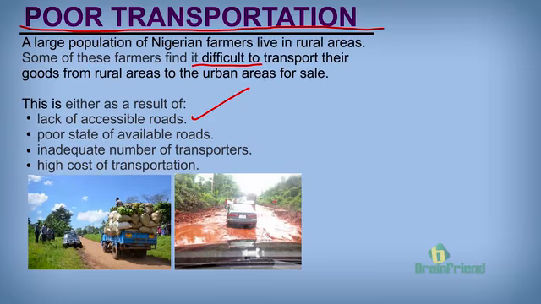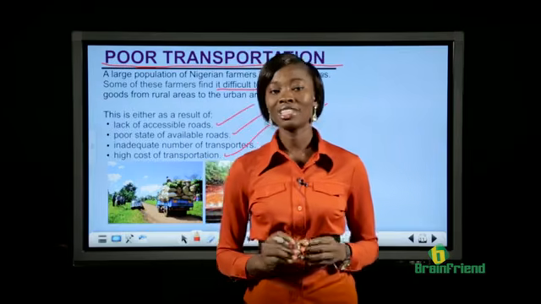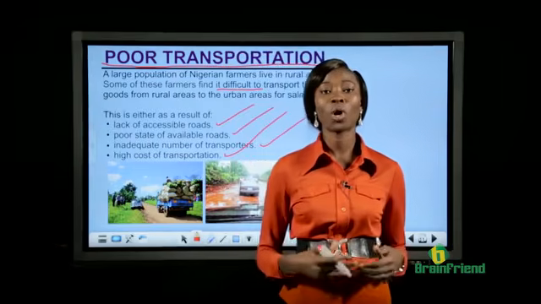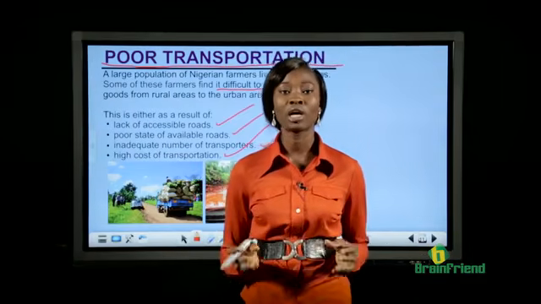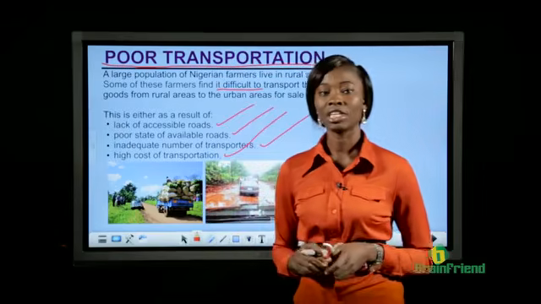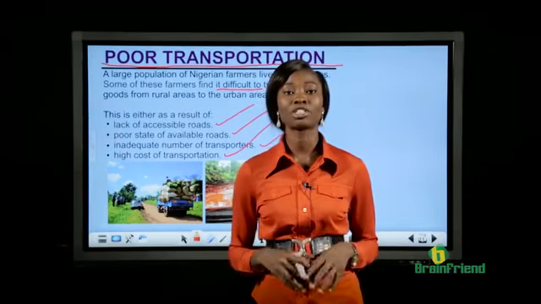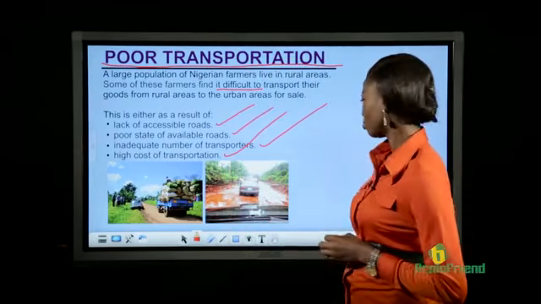Some of the roads found in rural areas are in very poor states, and there is a problem of an inadequate number of transporters plying the rural areas. Then, those that ply the rural areas usually charge so much for transportation fare. All of these discourage farmers from transporting their goods from the rural areas to the urban areas where they are supposed to sell their products effectively. This limits them to the activities of middlemen coming to the villages to buy their products.